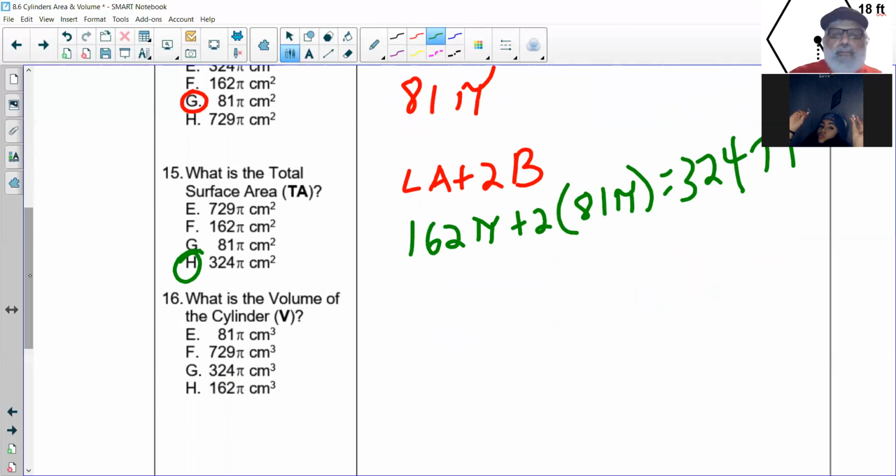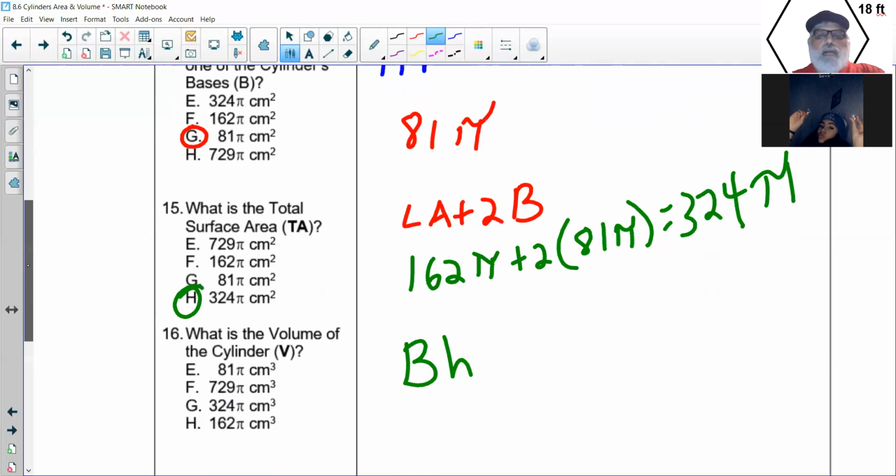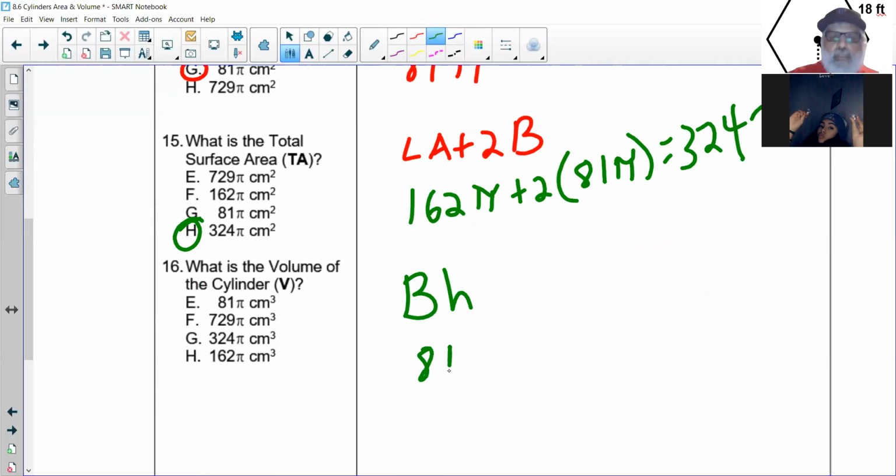And then the last one is going to be the area of the base times the height. That'll be 81 times the height.